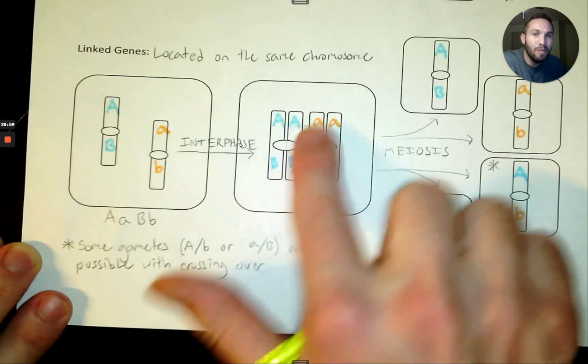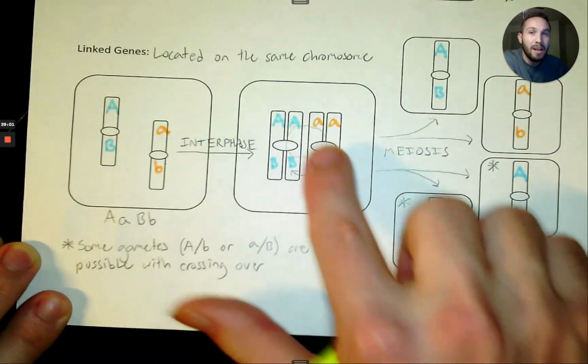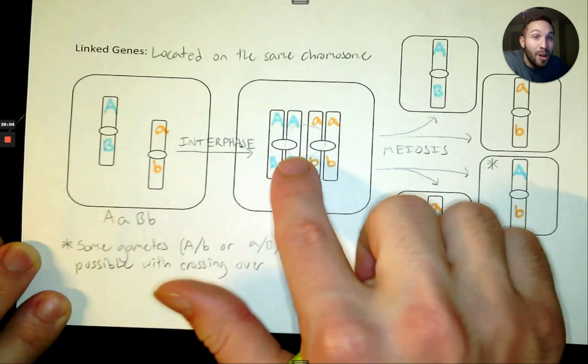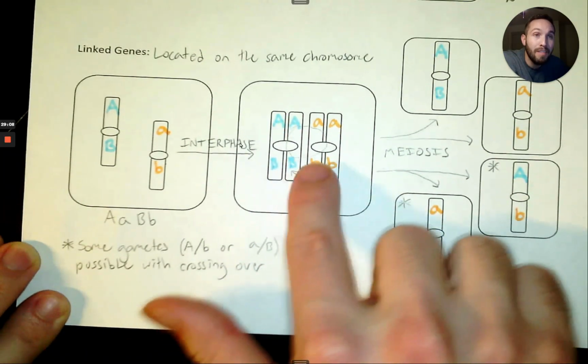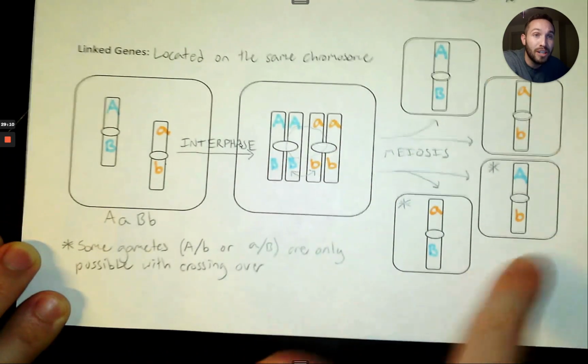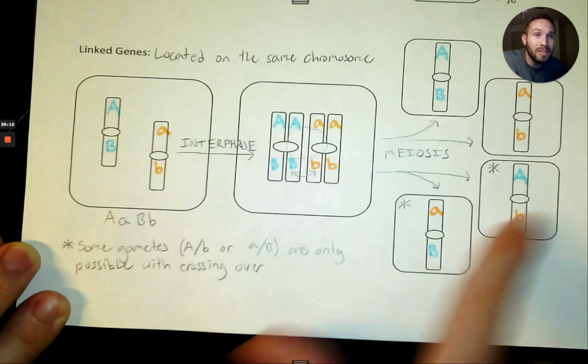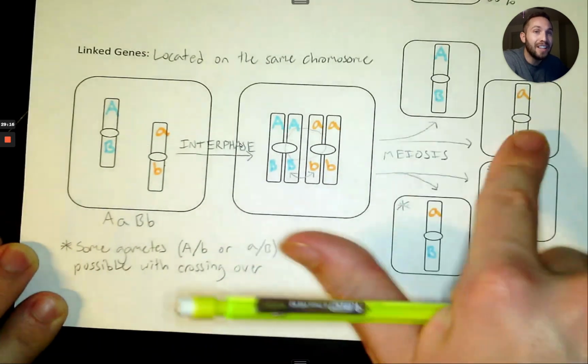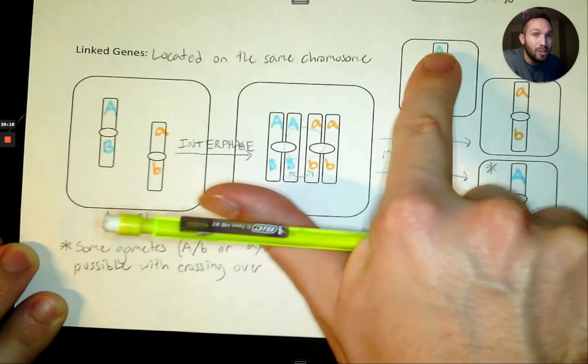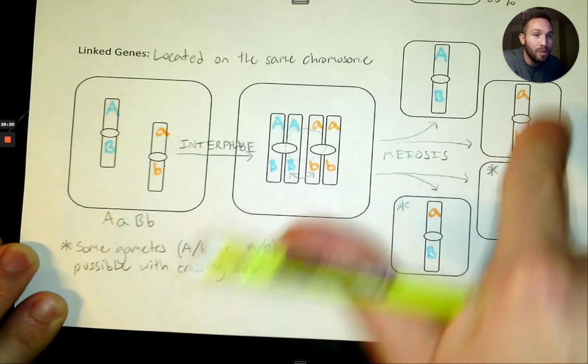And if crossing over didn't happen in that specific way, because there's going to be crossing over, and there's probably going to be lots of crossing over, but it needs to be a crossing over event that leads to these letters switching. And since you're relying on a very specific event taking place, it's going to make these less likely than those. Like these are just by default, you should end up with that, and you should end up with that and that.